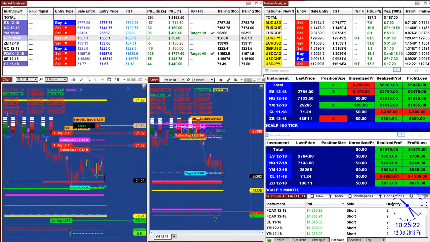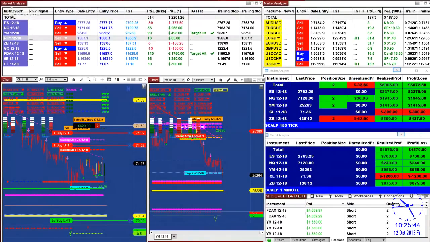There are sellers coming in, and we could have a new signal on the ES right away. And then once we get this new signal, you're going to see we are out of those trades on the YM. We're done with it. So for those guys on the Nasdaq, there we go. We are about to break it.